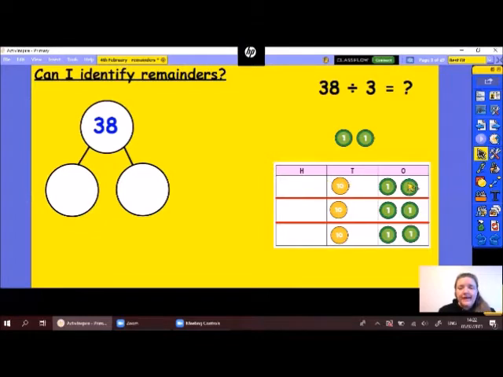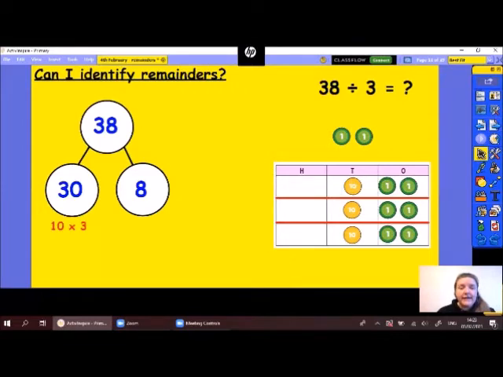So in this row here, I've got 1 10 and 2 1s. This group I've got the same, and this one I've got the same again. So 1 10 and 2 1s make 12. And so our answer is then 12 remainder 2. So 12 R2. And we can use the part whole diagram as well, like we've been using in the last few days to do this.